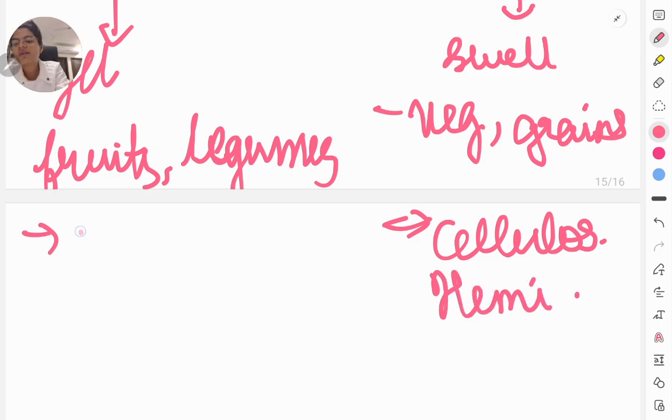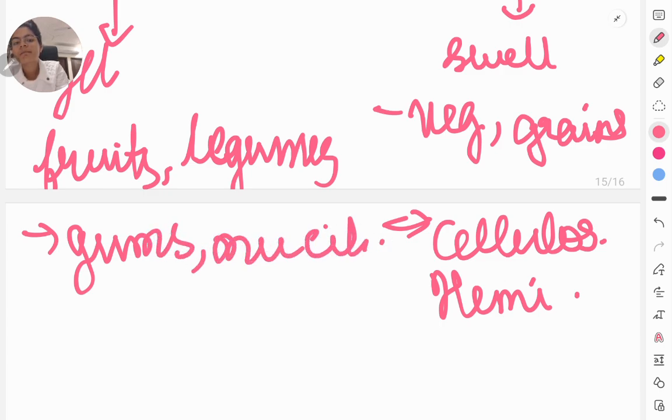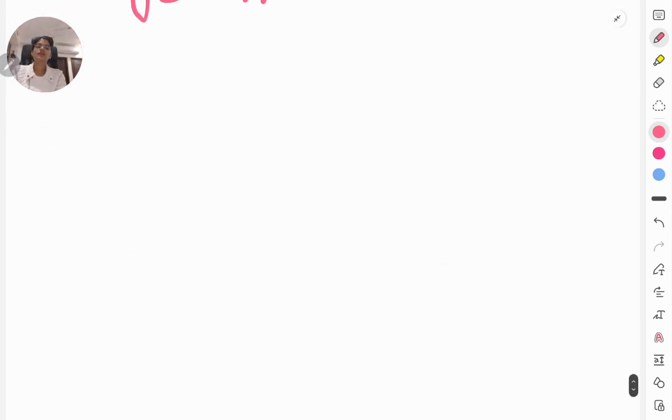While here we have gums, mucilage, pectin. Clear? So this is the thing.